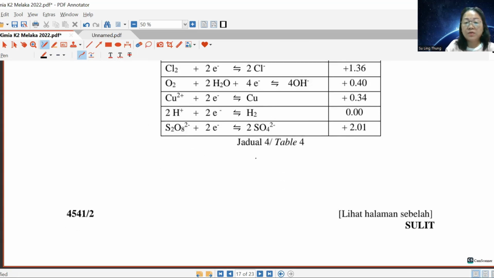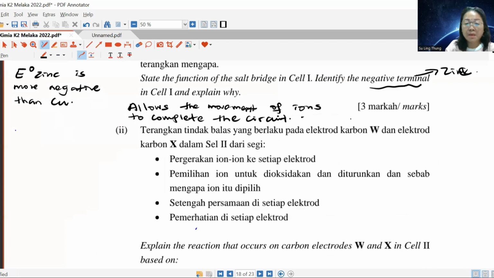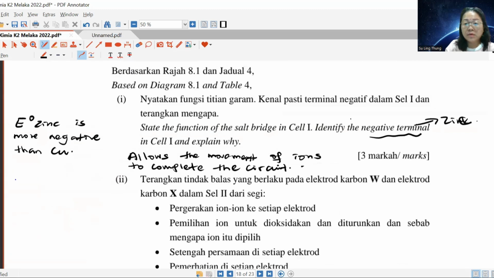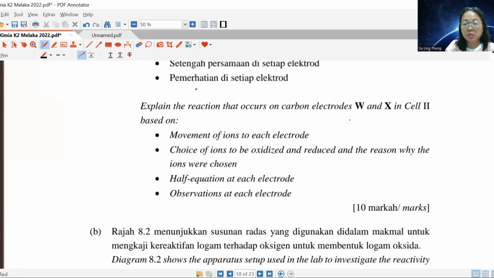Okay, but obviously hydroxide will be chosen due to the E naught value compared to chloride ion, unless it's stated here that it's a concentrated solution.